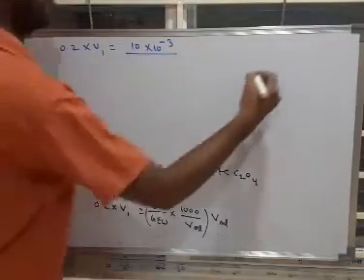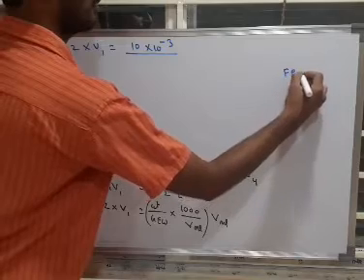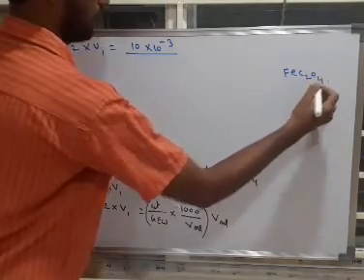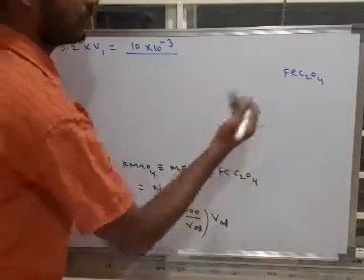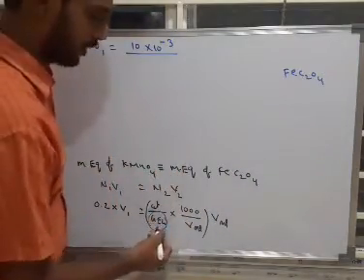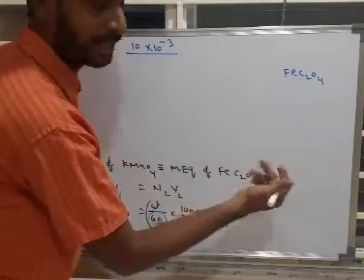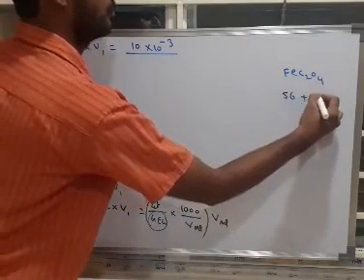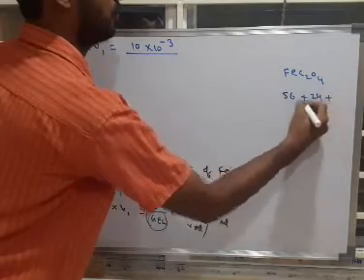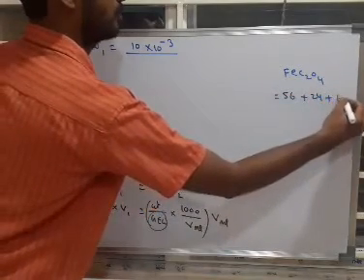Okay. So what is the molecular weight of FeC2O4? Gram equivalent weight of this compound is its molecular weight by n factor. Iron is 56, each carbon is 24 for two, and oxygen 64.